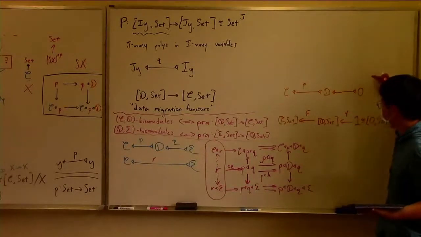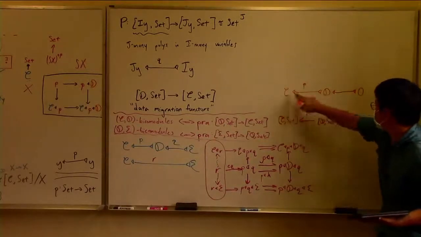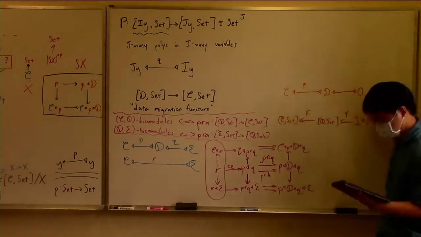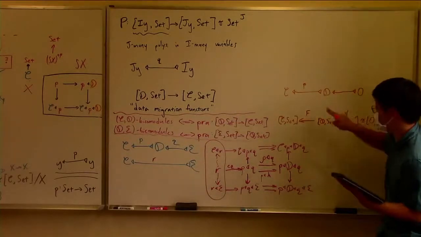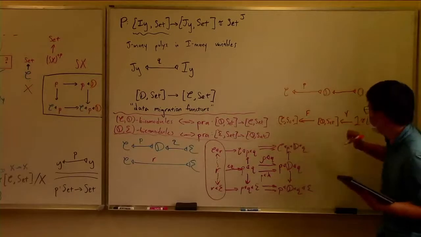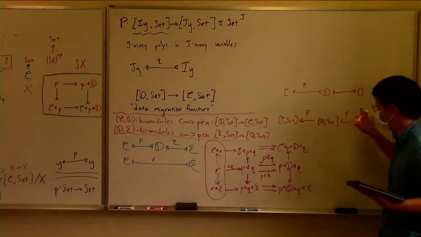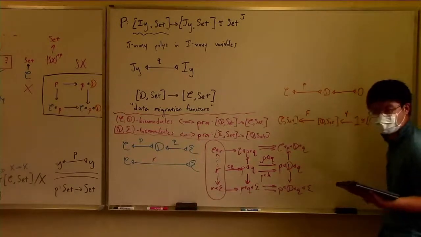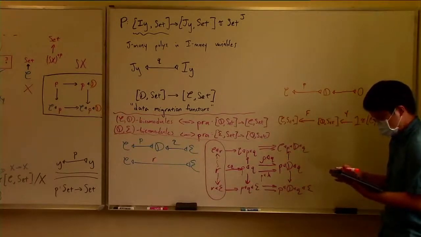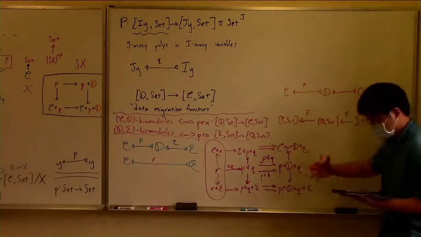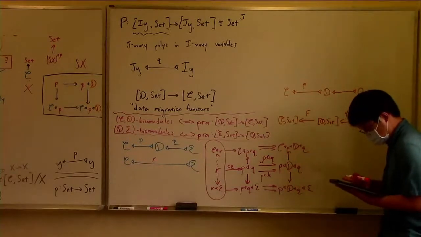And I say the parametric right adjoint it corresponds to, but it should just be a C0 bicomodule, since this is a C0 bicomodule, it should just correspond to a C set. And so the C set that this corresponds to is just F evaluated at y. Okay, so that's what we need to show for composition to work the way we want it to.